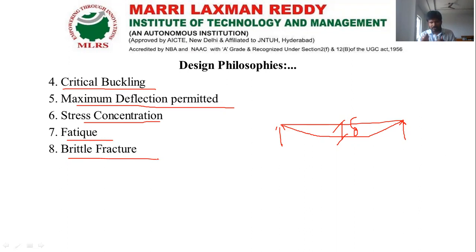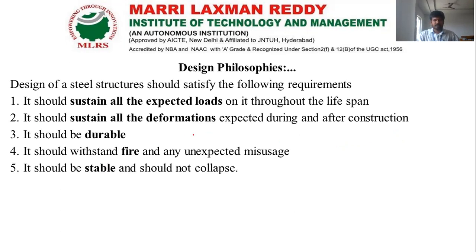Based on that visibility, we can find that it may go into failure. So we can go for other options, whether we can replace the member or give support to that member. We can do these things as a remedial activity. So these things we have to remember while doing the design of members.